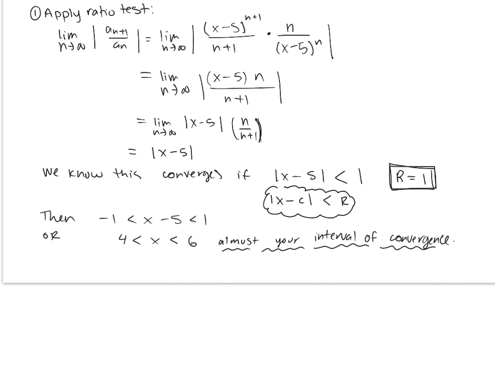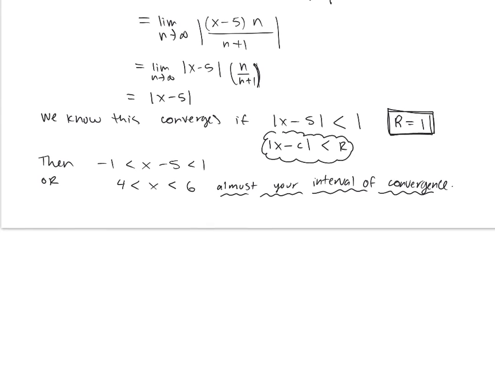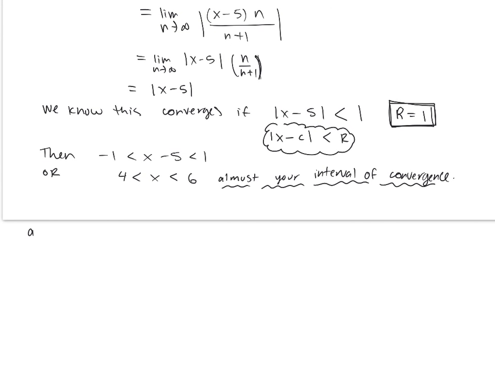So now what you do is you just take these numbers, 4 and 6, and plug them in for x in your original series. Okay? So look at x equals 4. At x equals 4, the series is the sum from n equals 1 to infinity. Plug 4 in for x.